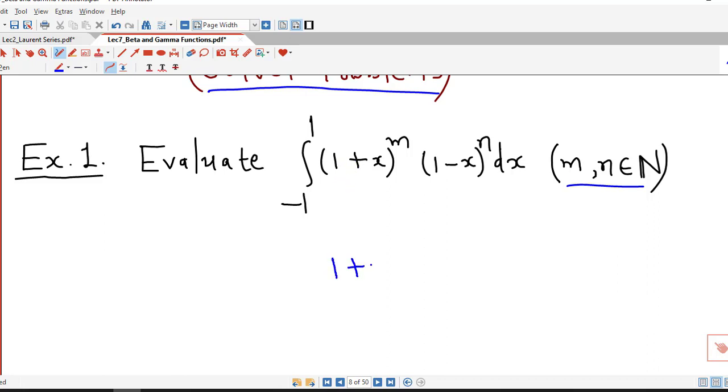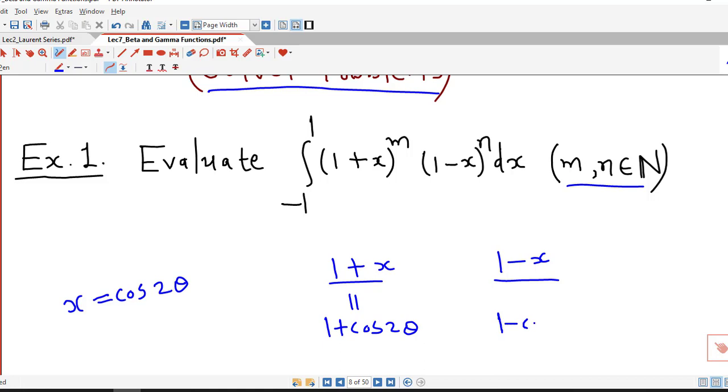Here we are having 1 plus x and 1 minus x in the given function. So if we consider x equal to cos 2 theta, then 1 plus x will become 1 plus cos 2 theta and 1 minus x will become 1 minus cos 2 theta. And as we know, 1 minus cos 2 theta is nothing but 2 times sin square theta, and 1 plus cos 2 theta is nothing but 2 times cos square theta.